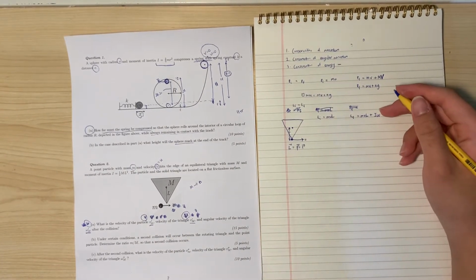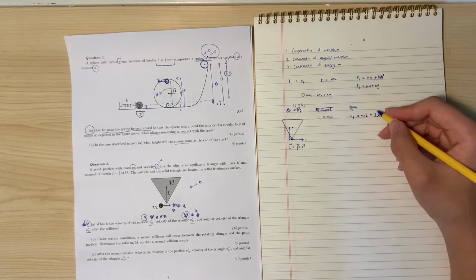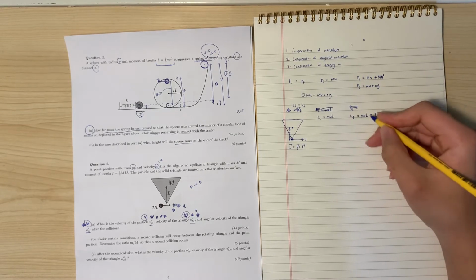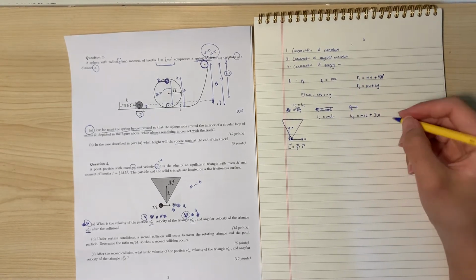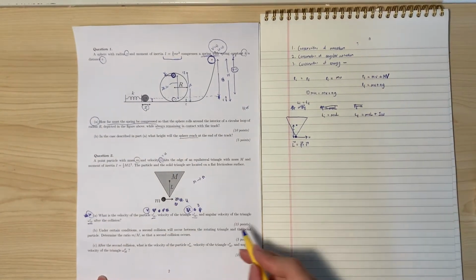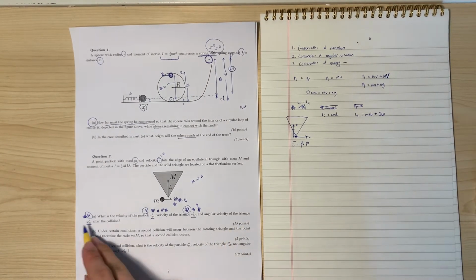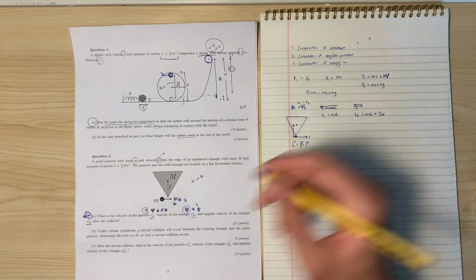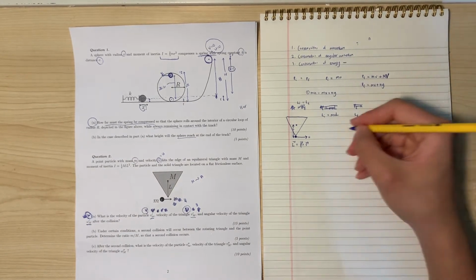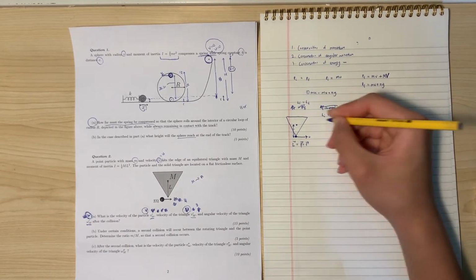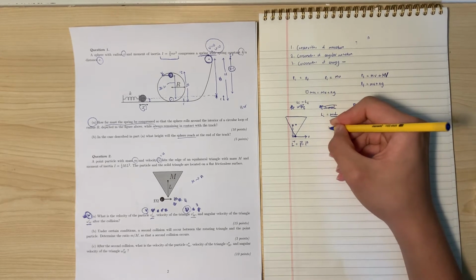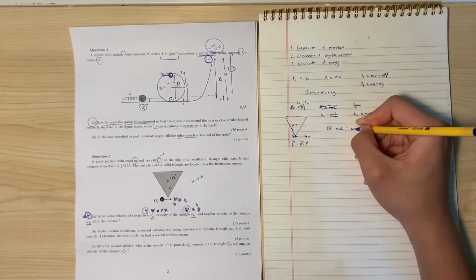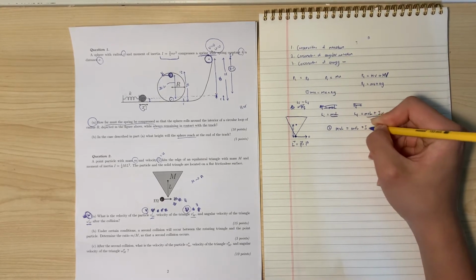For now, we're just going to leave it like that: MVL plus I omega. Omega is the angular velocity of the triangle after collision, which we mentioned we're going to represent by omega over here. So we've got Li equals Lf, and our second equation is MUL equals MVL plus I omega.